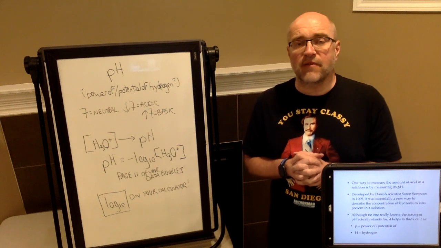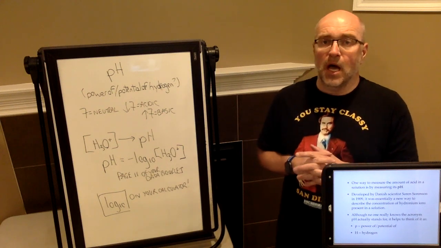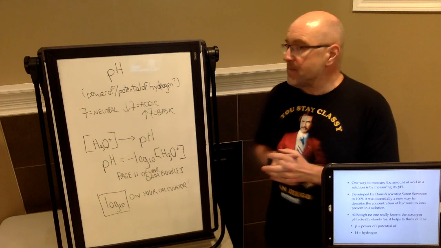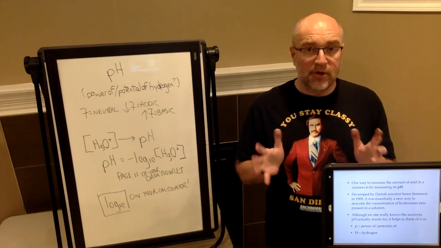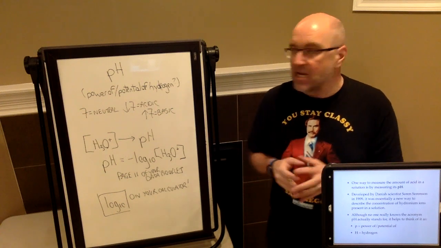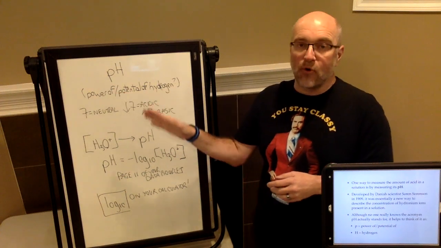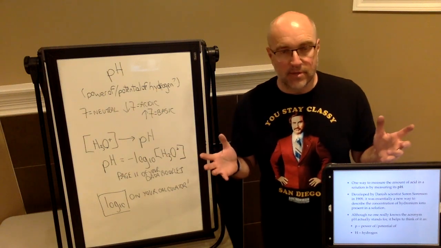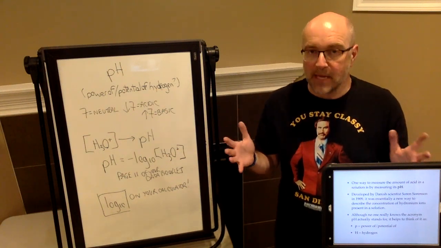There really has never been a definitive answer, but most people believe that what Sørensen meant with the use of pH is the power of, or the potential of, hydrogen. That's apparently what pH means.